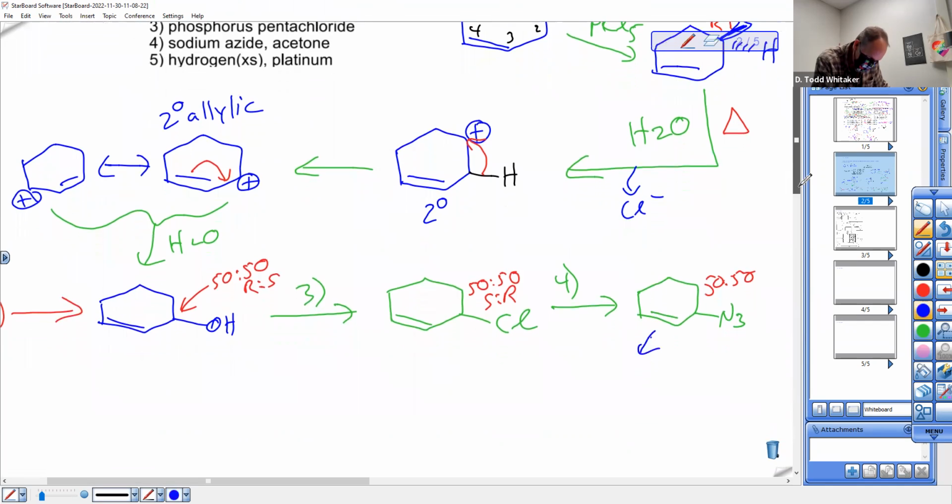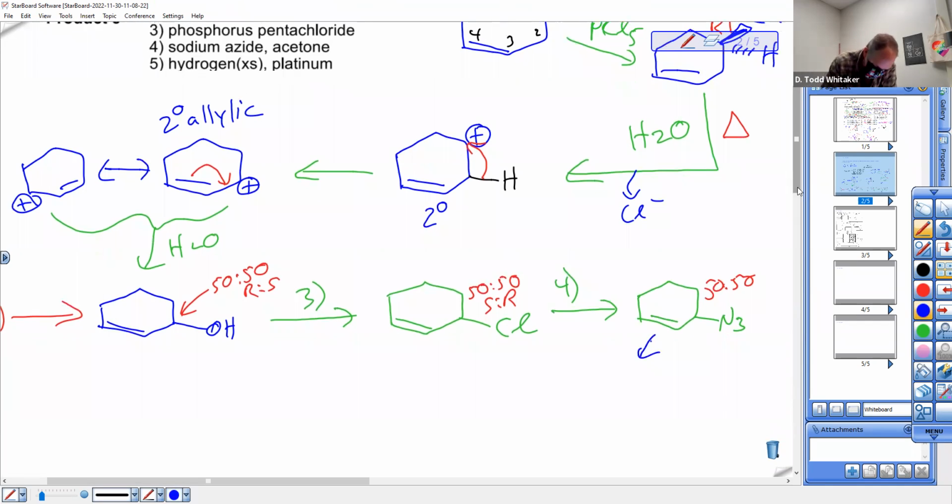But it is not the amine on carbon with alkene on 3 to 4, it's 2 to 3. That was where our mistake was made. 50/50, 1, 2, 3, cyclohex-2-ene-1-amine.